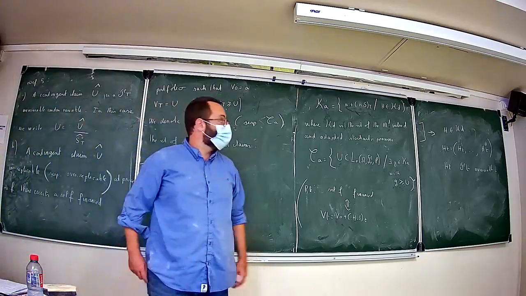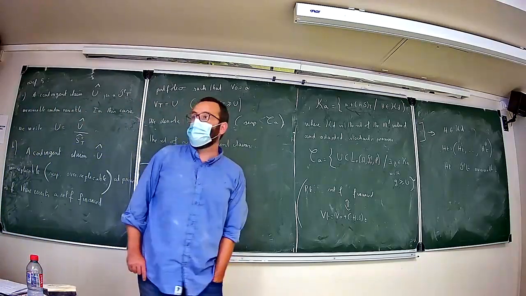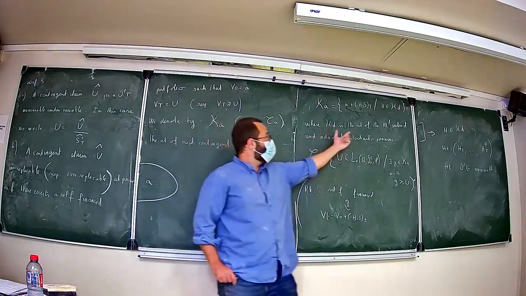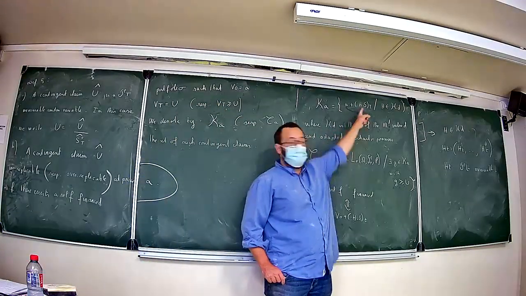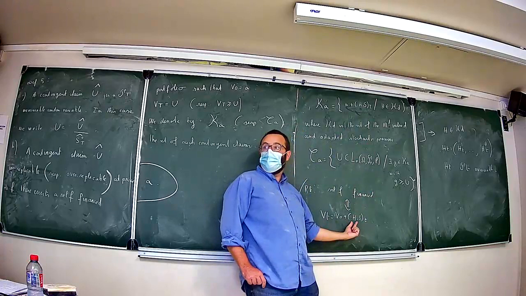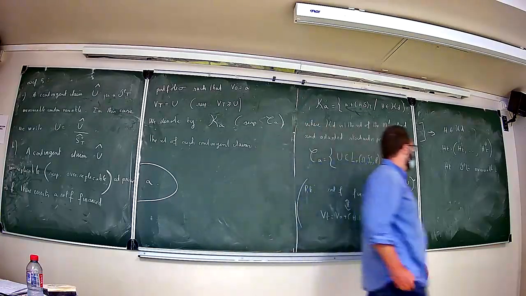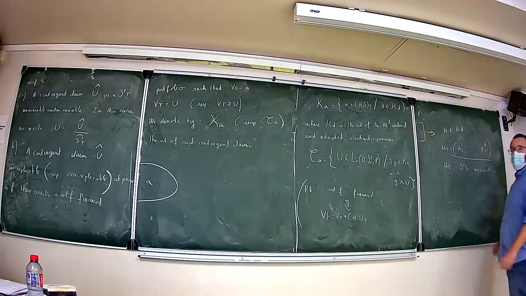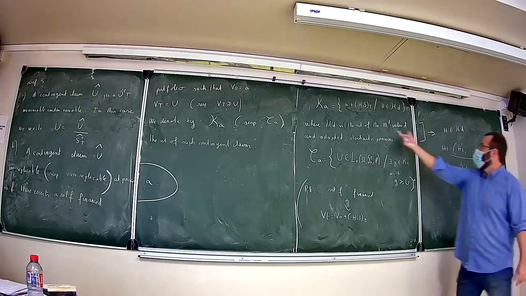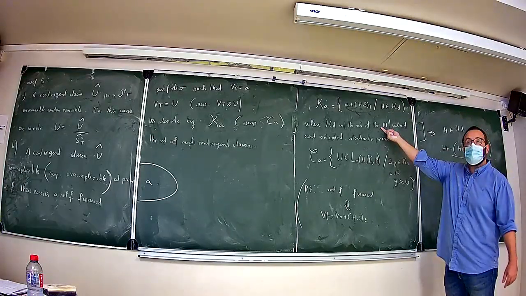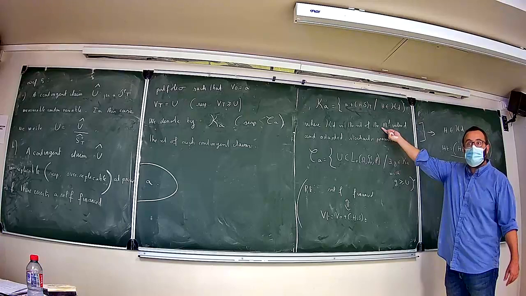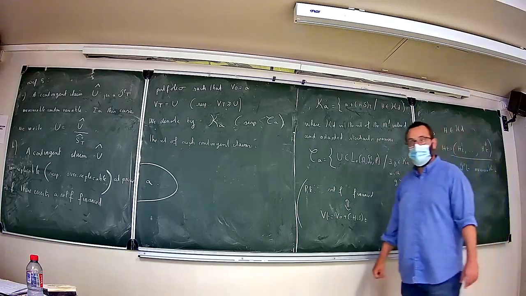So H is the vector? Yeah, because it's a vector here, something with values in R to the power D, a vector with D components.